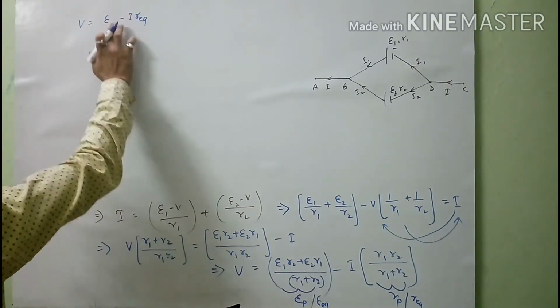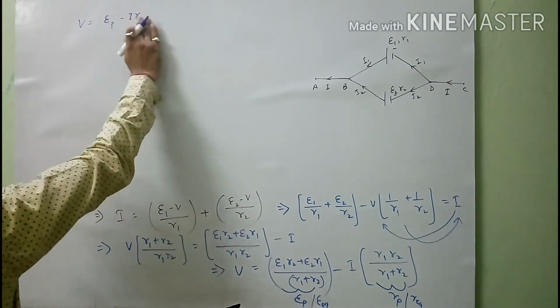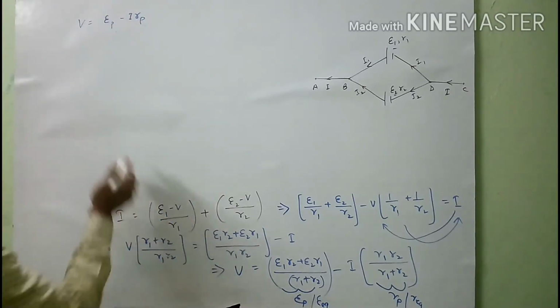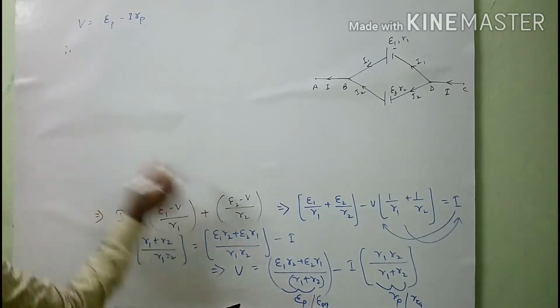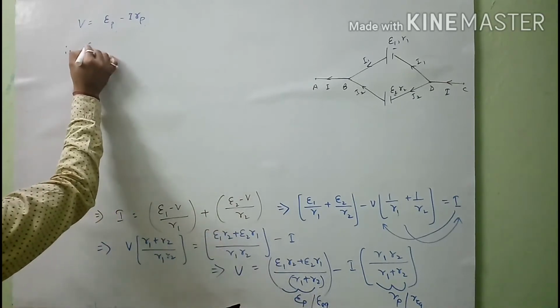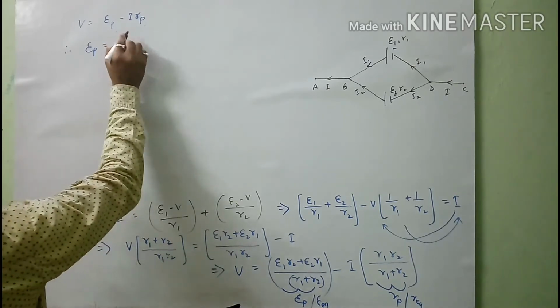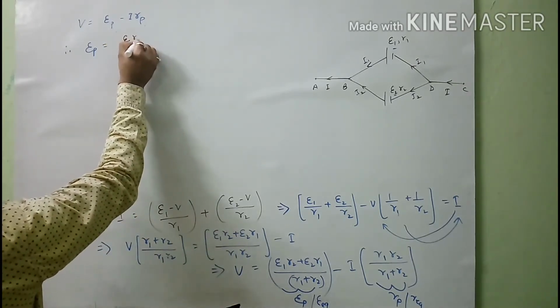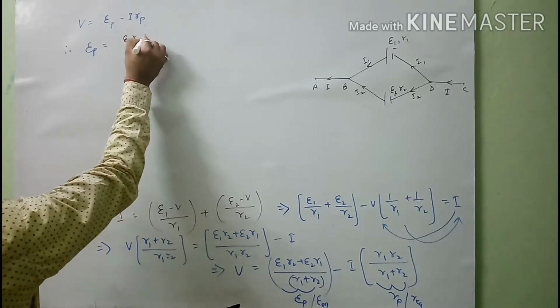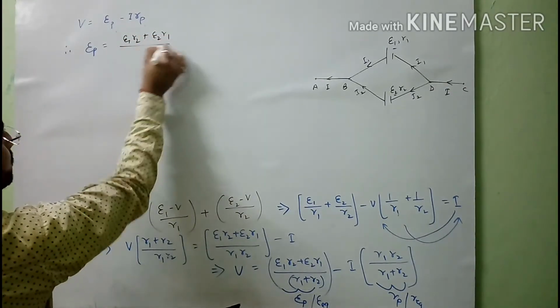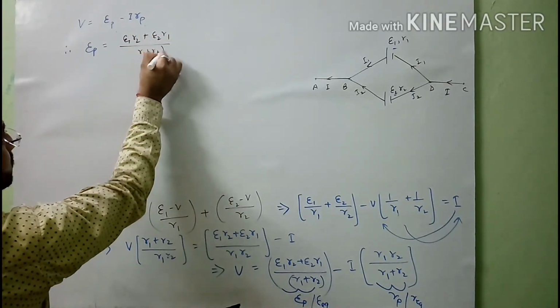So I will write directly by this relation: EP, the equivalent EMF of the cell in parallel combination, is epsilon 1 R2 plus epsilon 2 R1 over R1 plus R2.